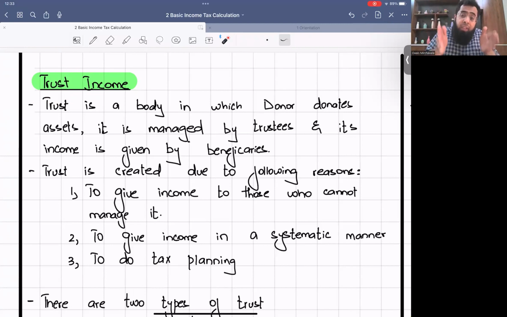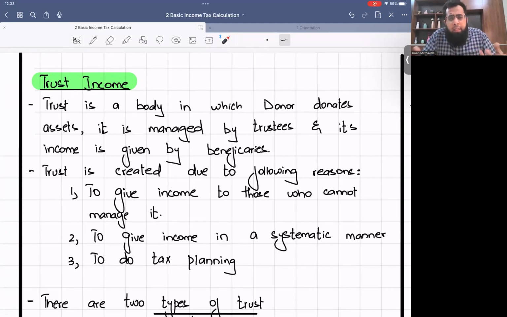Trustees manage those assets, and the income from the trust is given to the beneficiaries. I'll repeat it again. A trust is a body, a registered entity in which the donor gives the assets, trustees manage those assets, and the income of the trust is given to the beneficiaries.